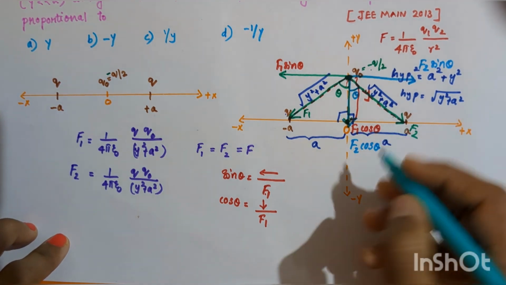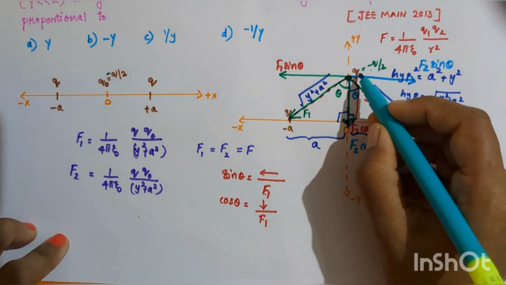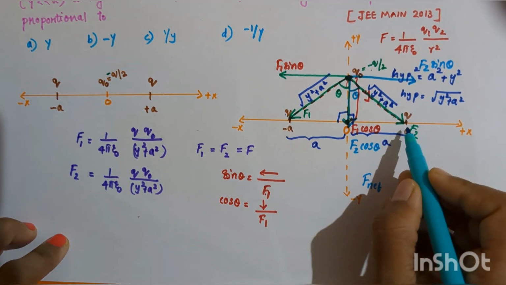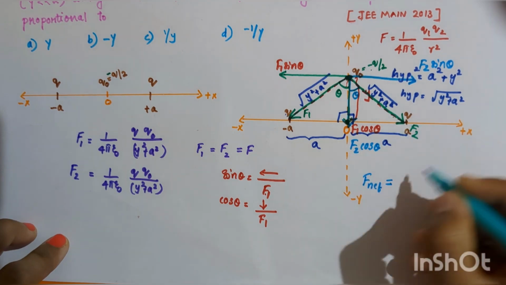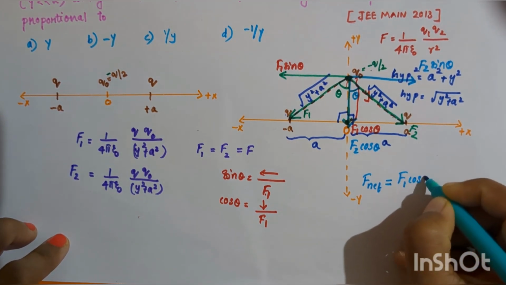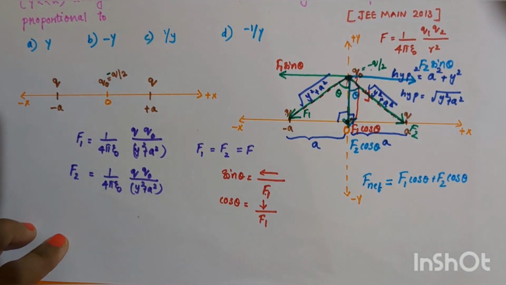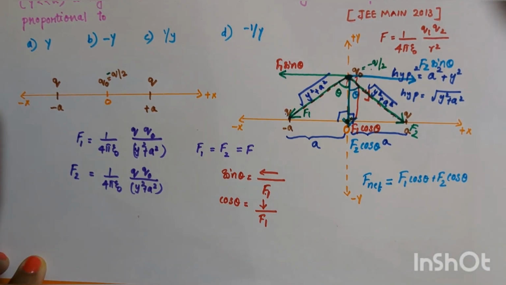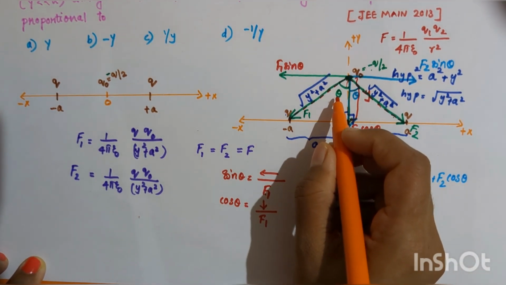So the net force acting on this charge Q0 due to these two charges Q and Q will be what? The sum of these two, that is F1 cos theta plus F2 cos theta. Now, what about the value of cos theta?